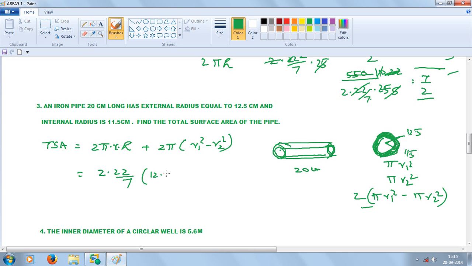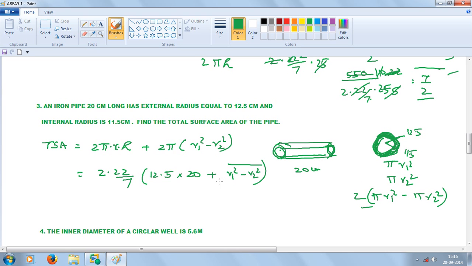For the outer surface area, it is 12.5 multiplied by 20, where 20 is the length of the pipe, plus, 2 pi we have taken out common, this we can take as r1 square minus r2 square.